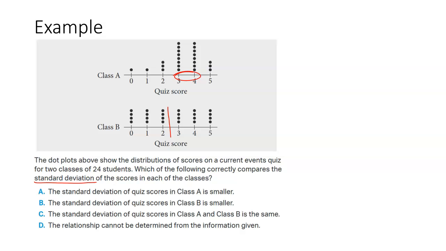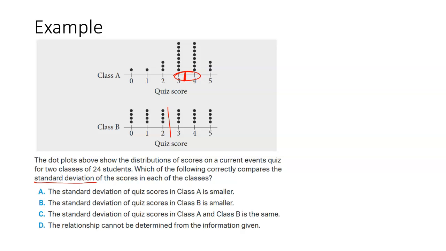And the standard deviation is saying, for most of my data, how close is it to my mean value? The more data that is close to your mean value, the smaller your standard deviation. The more data that is spread out from your mean, the larger your standard deviation.